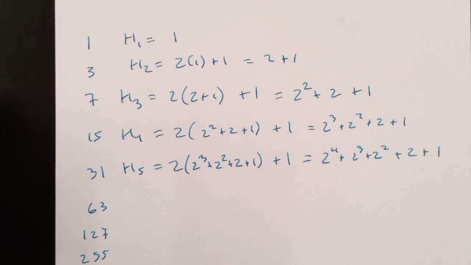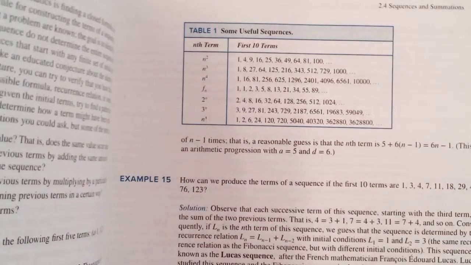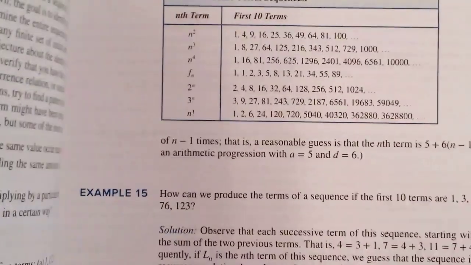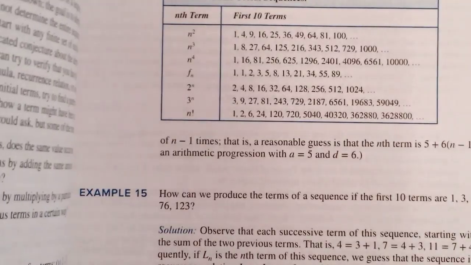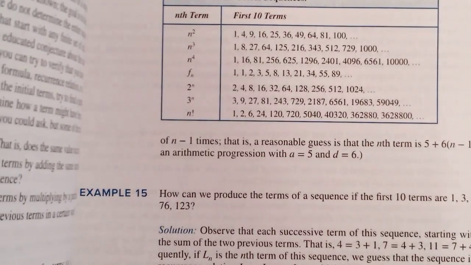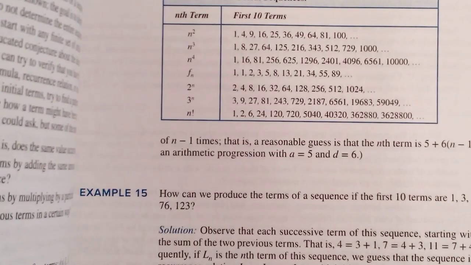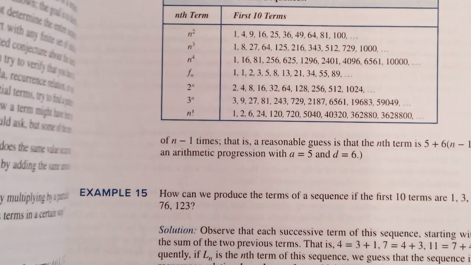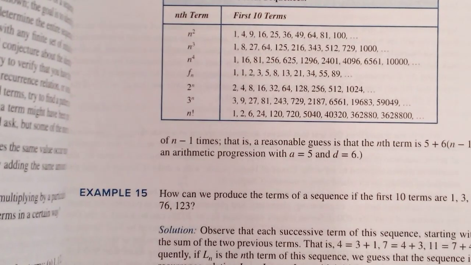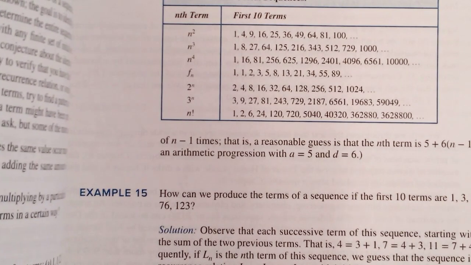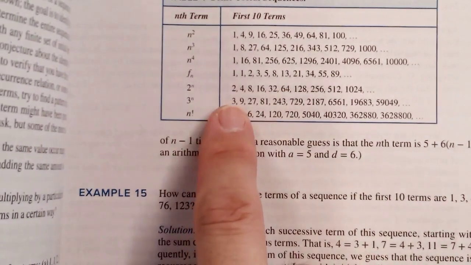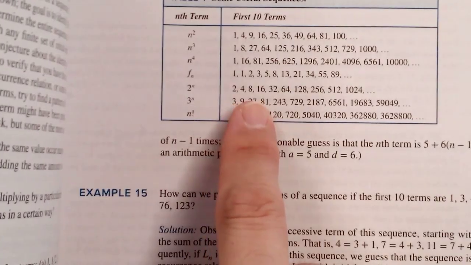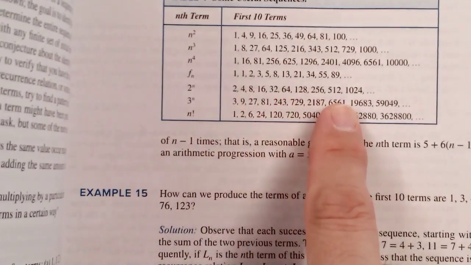And I look at this list of numbers here, and I start comparing it to the lists of numbers I see here. Page 175. What do you see that looks really, really close to, but not exact, to our sequence? My powers of 2 go 2, 4, 8, 16, 32, 64, 128, 256.